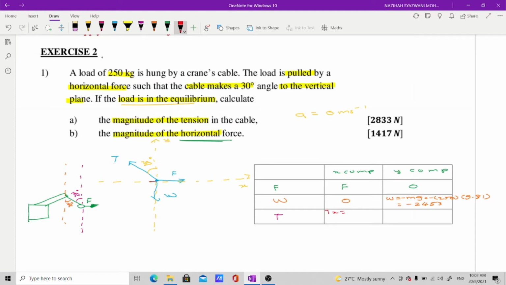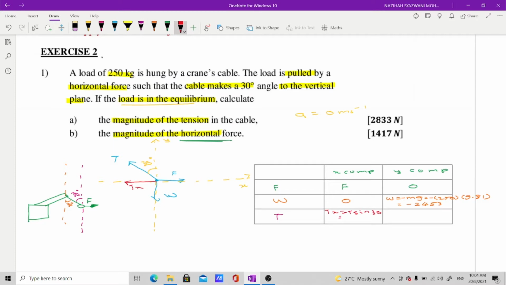If you resolve it in the x component, this is your Tx. It would be T sine 30. Why is it sine 30? Because the position of the angle is between the y-axis and the resultant vector. So for Tx it would be T sine 30. The direction is to the left, so you have to include the negative sign here.